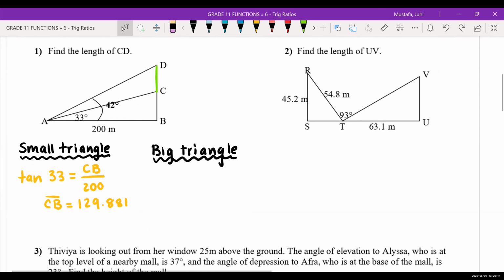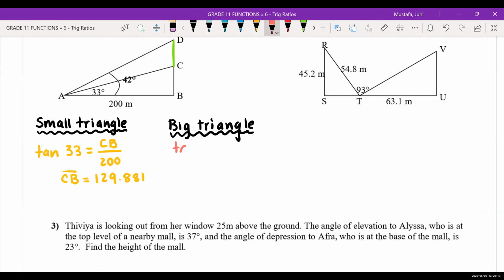So it's going to be tan 42 is equal to the opposite side length BD divided by 200. So it's basically the exact same calculation. We're going to do tan 42 times 200, which is going to give me 180.080.